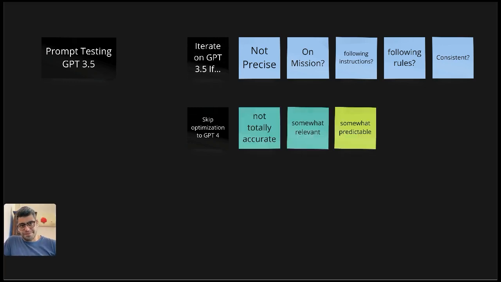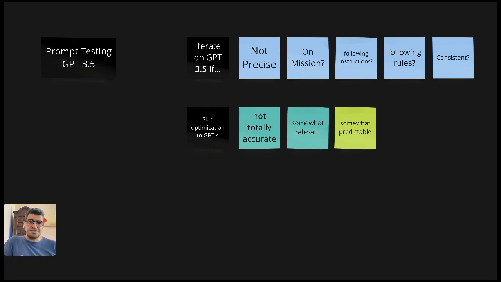What I would skip optimizing on is when it's not totally accurate. 3.5 is a good model, but it may not be as accurate due to the date range for the knowledge cutoff. It might be due to the depth of its evaluation of your question and its response. And if it's somewhat ambiguous, let's say you use PM, it may think PM as post-meridian or product manager or project management.